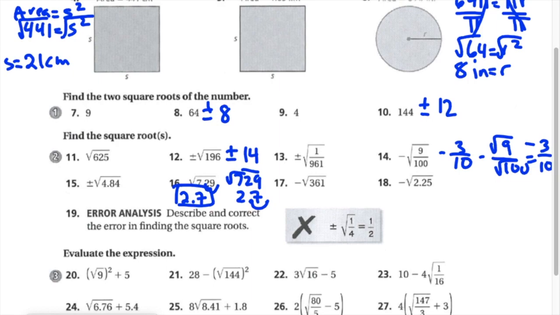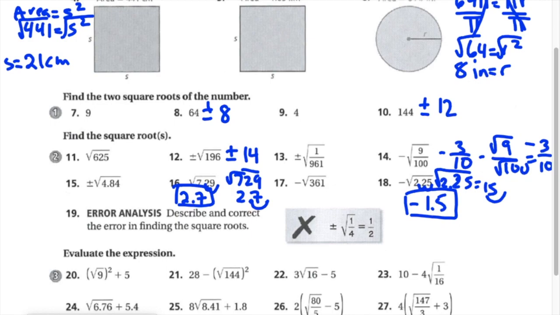And then 18, we have negative 2.25. So we again move the decimal place over twice, so we have 225. The square root of that is 15. Then move it back once, so the answer is negative 1.5.